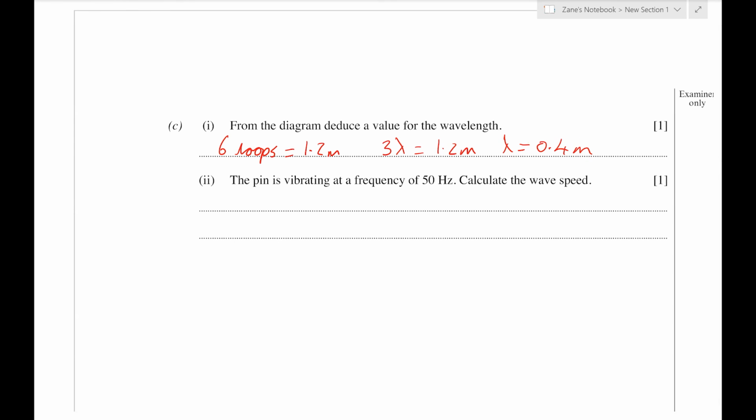Finally, the pin is vibrating at a frequency of 50 Hz. We've got to calculate the wave speed. We can simply use c equals f lambda, frequency of 50 times wavelength of 0.4, which will give us 20 meters per second, and I believe this was actually a unit mark question in the original exam.